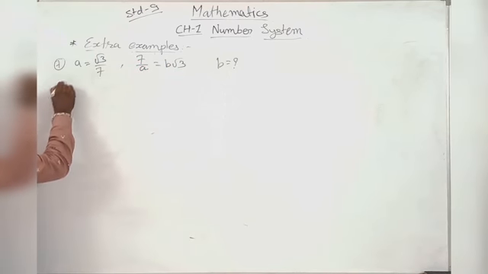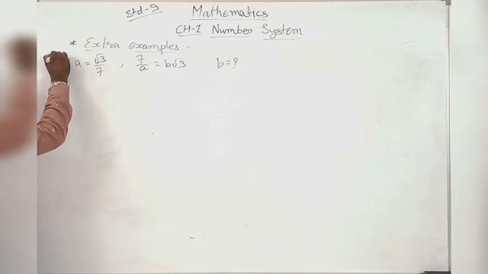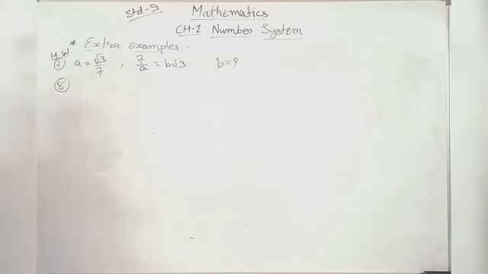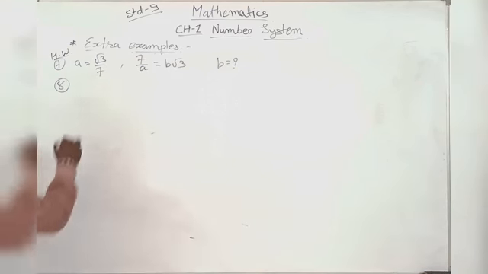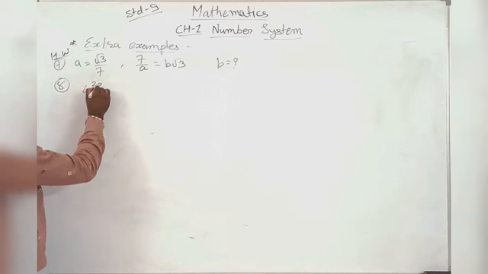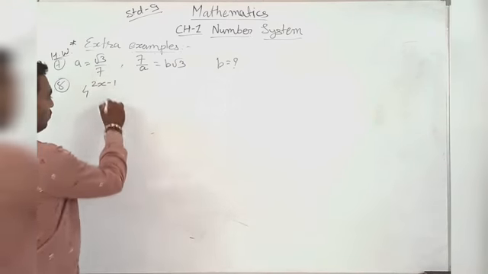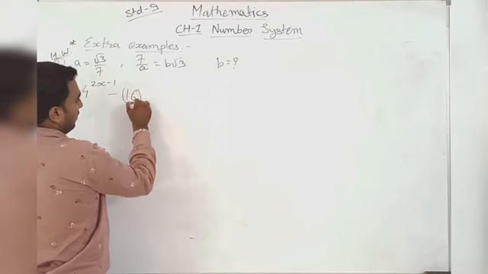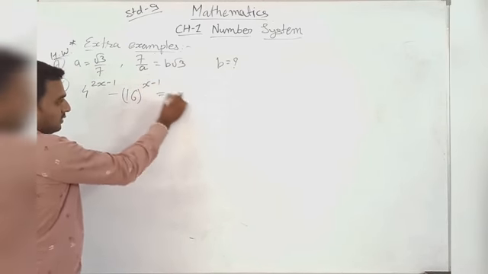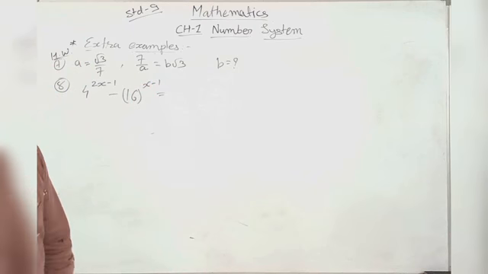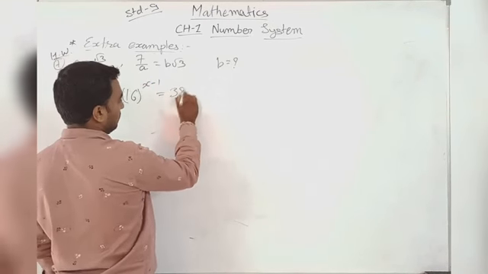Then next 8, this is your homework. Question number 8 is given here, that 4 raised to 2x minus 1 and minus 16 raised to x minus 1 is equal to 384 is given.